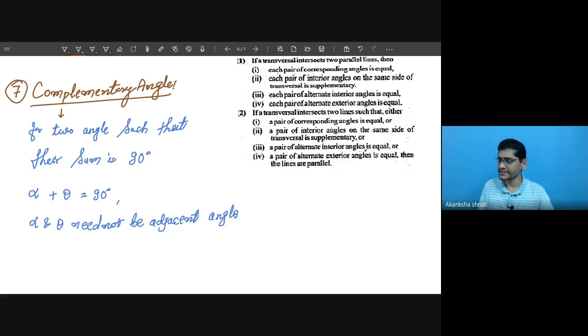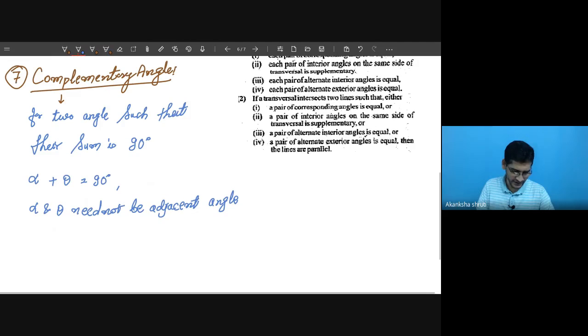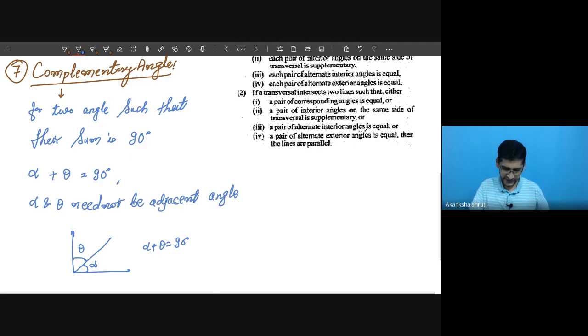If not adjacent angles, still it is okay. So students, this complementary angle means if we consider a right angle and divide it into two angles, this angle is alpha, this angle is theta. So this alpha plus theta is equal to 90 degree. This is one case.